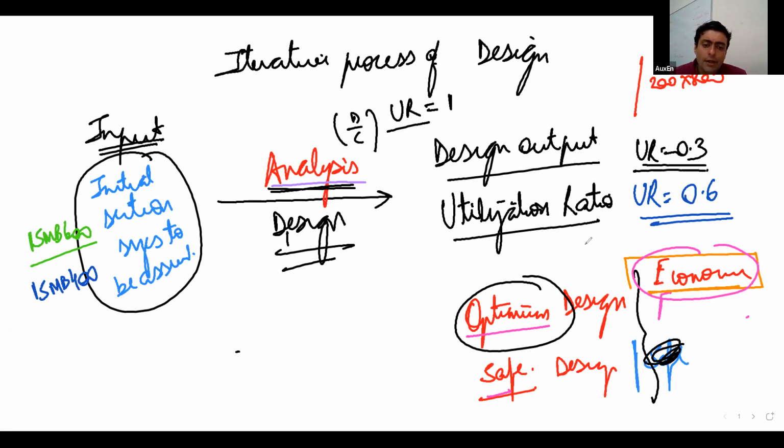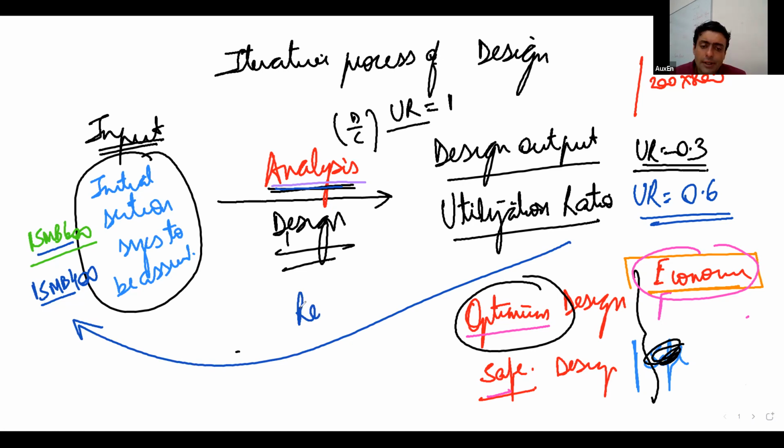One thing I should have told you. When I change this size from 600 to 400, why do I need to rerun my analysis? I need to rerun my analysis on changing sizes because, as I told you, when the structures are redundant or they have indeterminacies, the stiffnesses affect your analysis outputs.